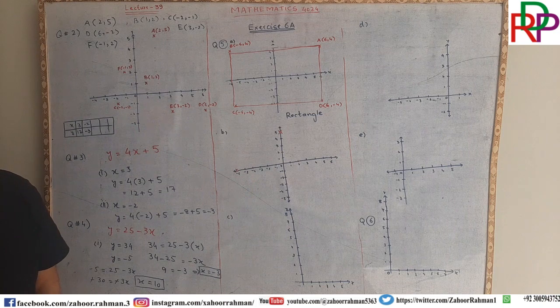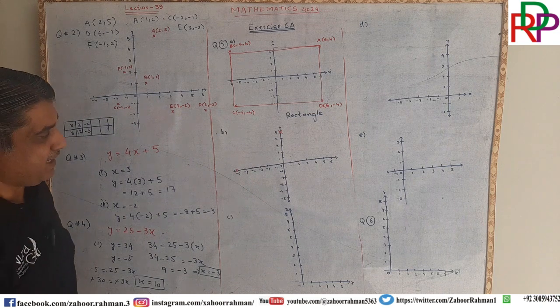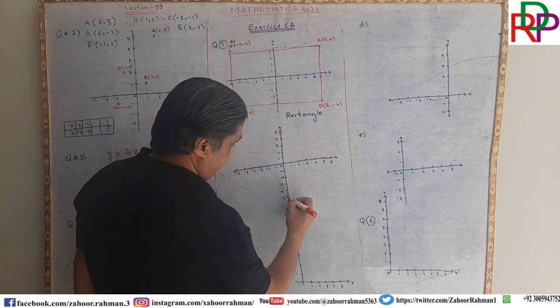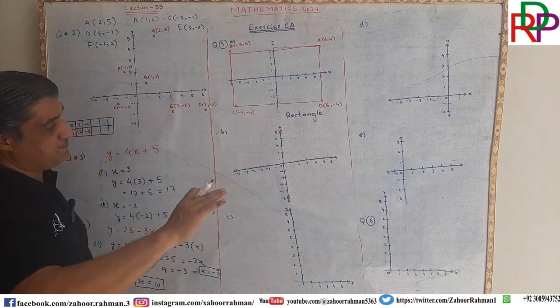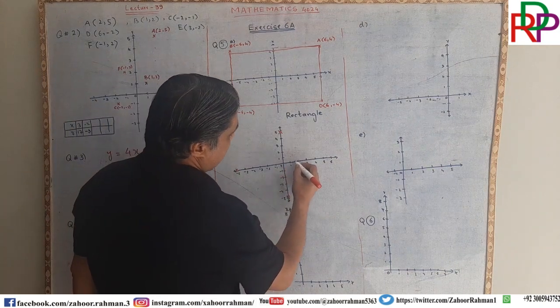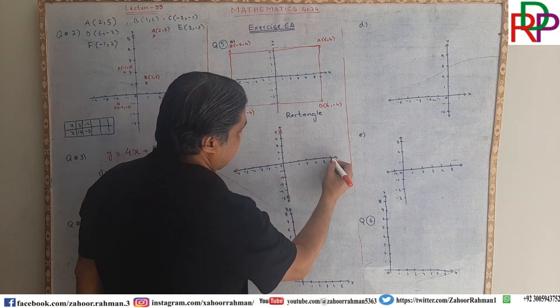And the third one is 0 minus 5. 0 and minus 5. 0 steps on the right side or the left side on x-axis. So it means stay at the origin. And then 5 steps you have to go down, and you have to mark that location. And 6, 0. First you have to go 6 and then 0.